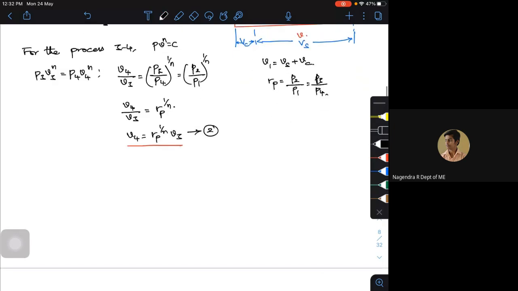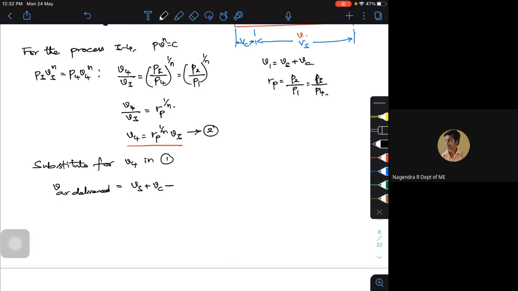Substitute for V4 in equation 1. What I'm going to get: volume of air delivered is equal to your stroke volume, that is Vs plus Vc minus V4.